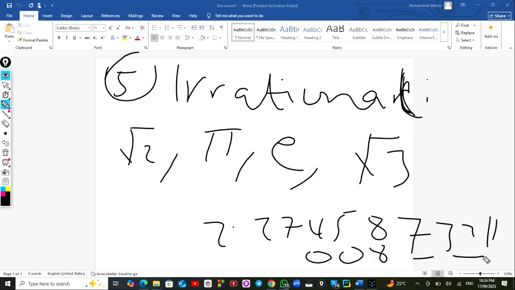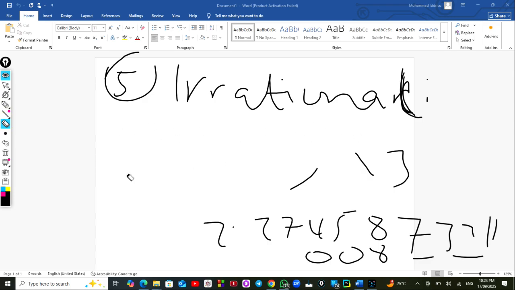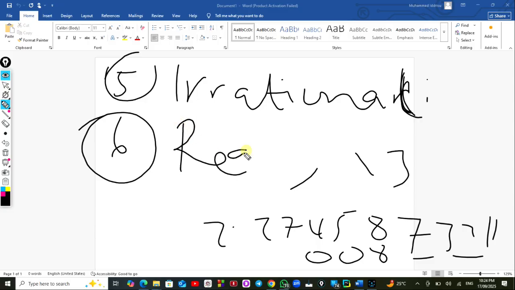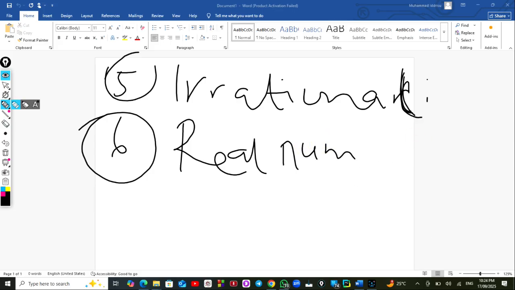And all that we have listed, from natural numbers to irrational numbers, can be classified as the one we are coming to look at, which is what? Real numbers. Now we have all the numbers combined. So it can be 0, 1, 2, it can be rational, irrational, everything can be.